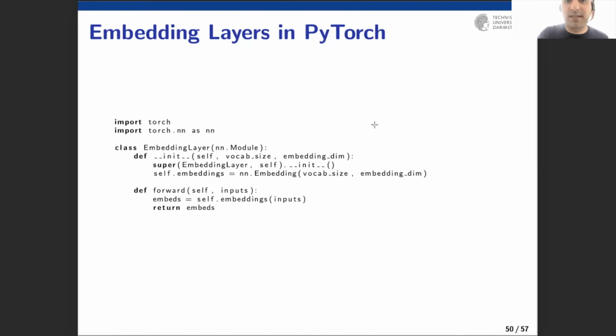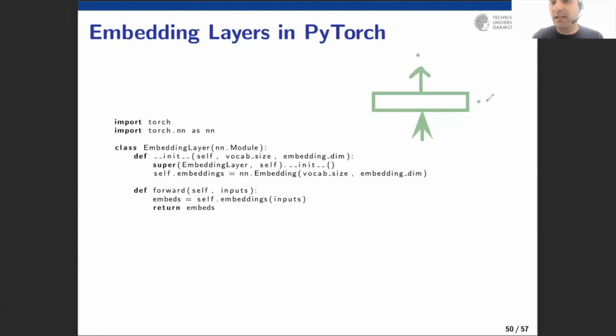We want to have an embedding layer that takes as input some text, a sequence of word IDs, and returns as the output some embeddings, right?